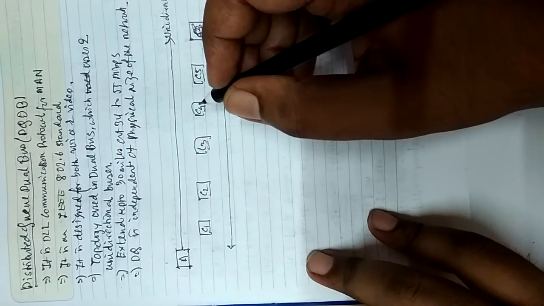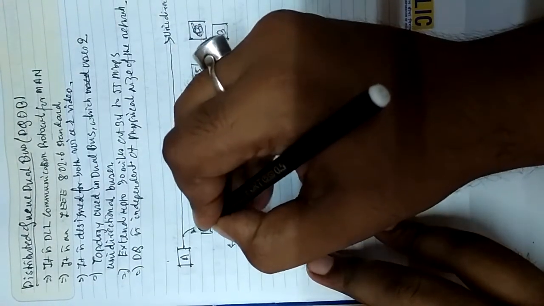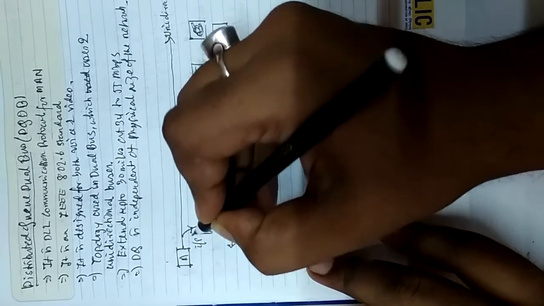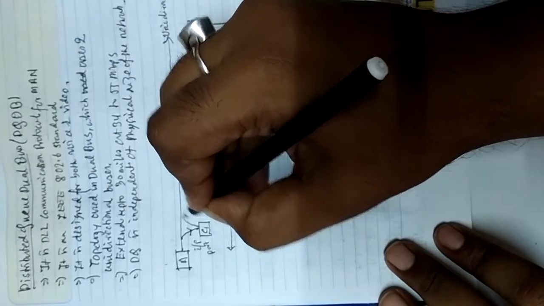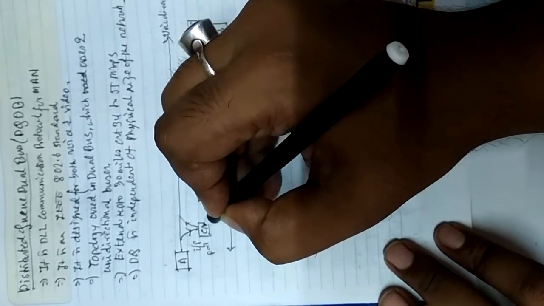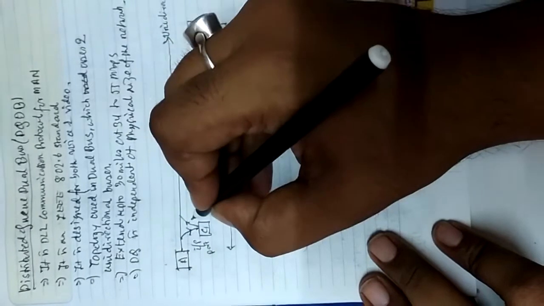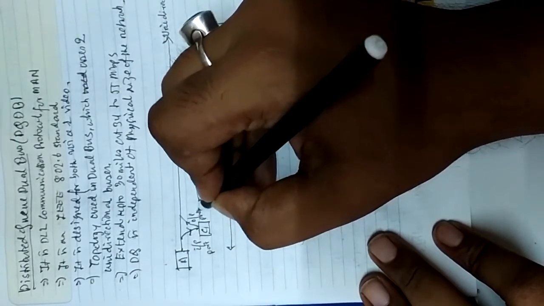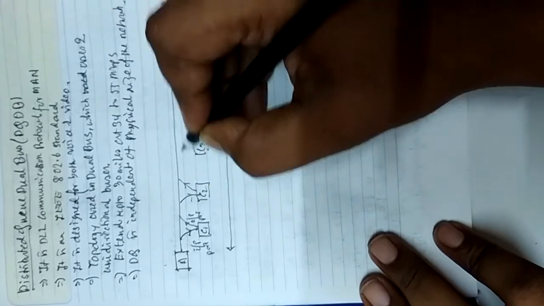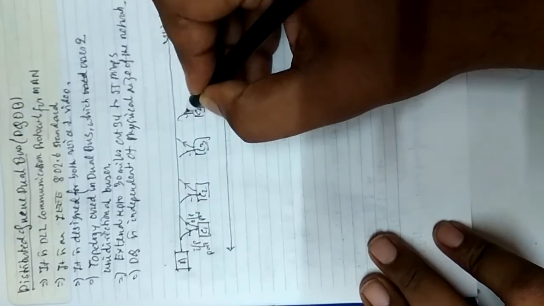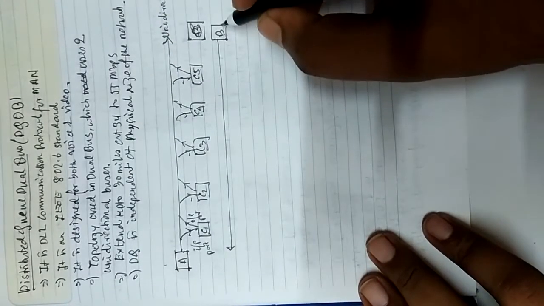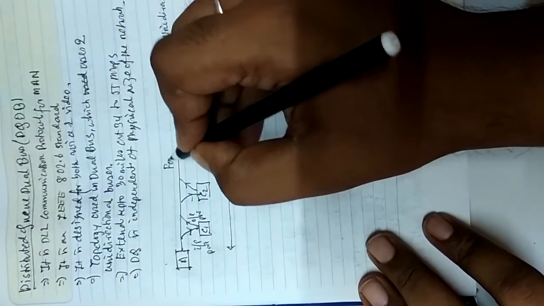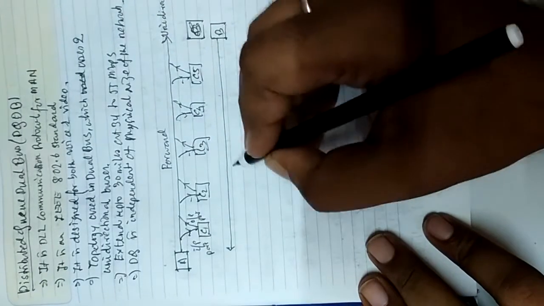So now data will come from A to this one. So this will be some input port, and obviously if C1 wants to send data to the bus, it will use this output port. Same thing for all the systems. And this is the forward bus, and obviously this is the backward.